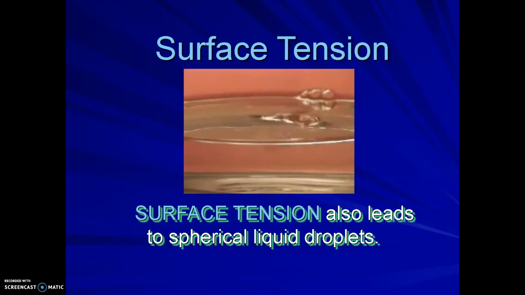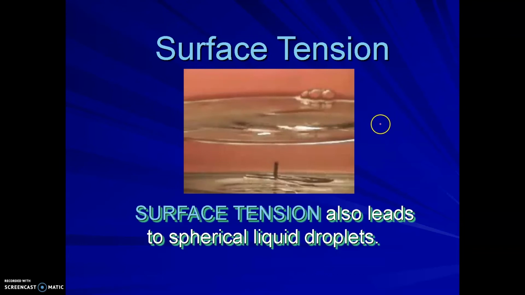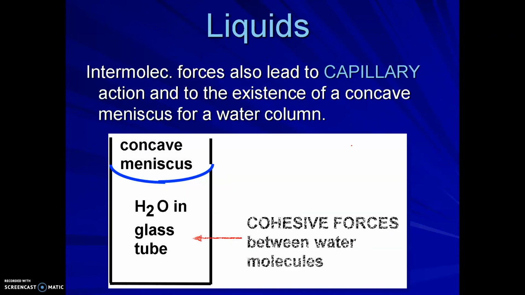The paperclip sinks. And so this creates a different type of intermolecular force because the soap leads to this dipole-induced dipole, which is actually going to reduce the amount of pull that you have in here, and therefore reducing the surface tension, it causes it to actually drop.